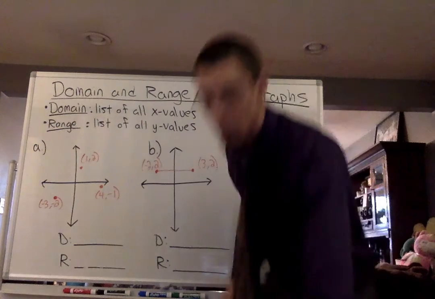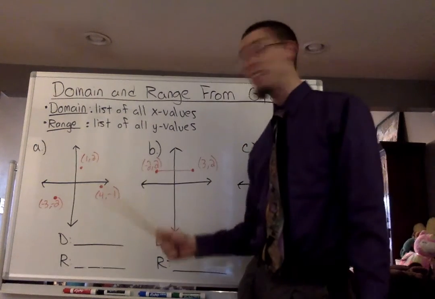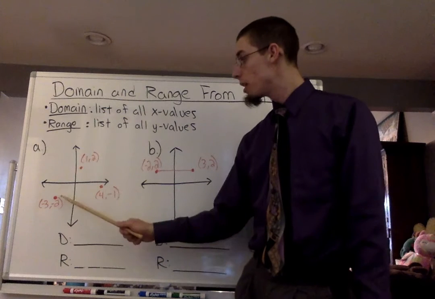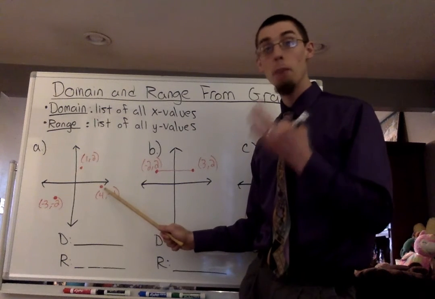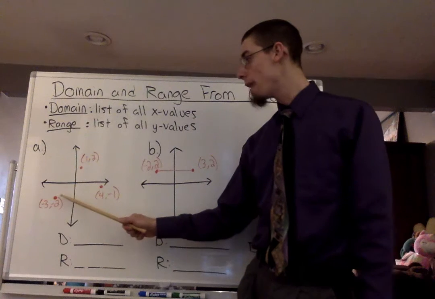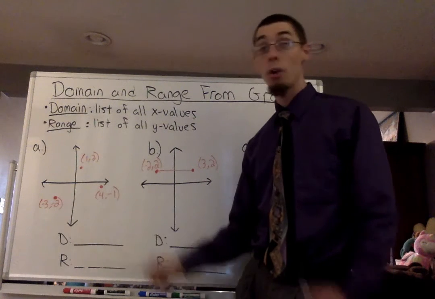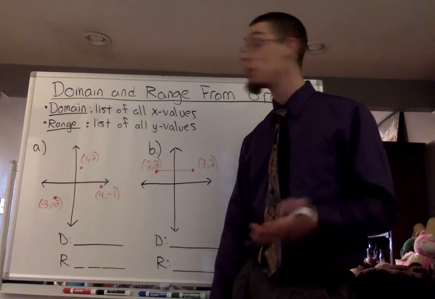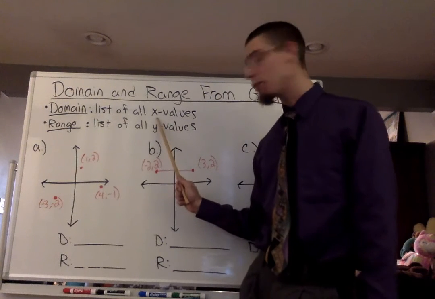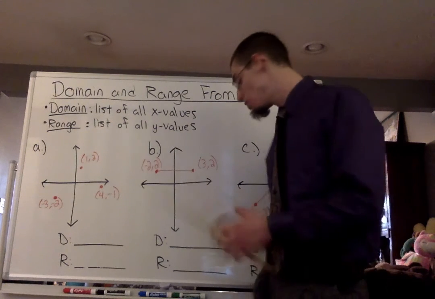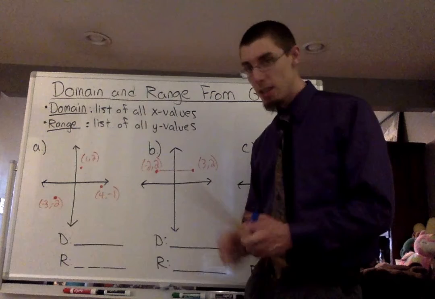Now, the first one, A. It's actually pretty straightforward because this graph is only comprised of 3 points. You have 3 coordinates or 3 ordered pairs. So when I go to list all of my x values, I can do that very easily.